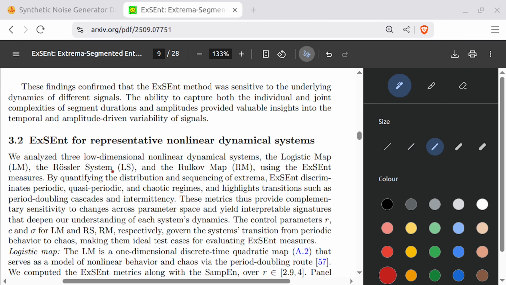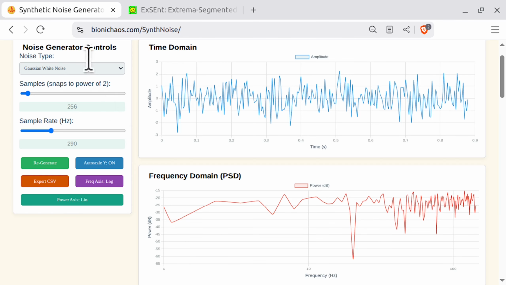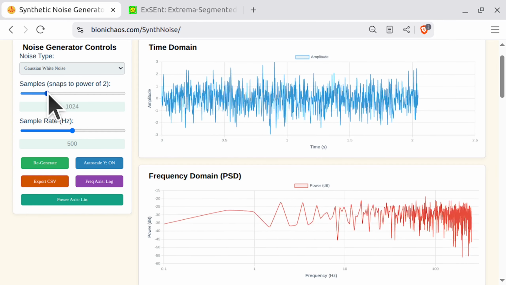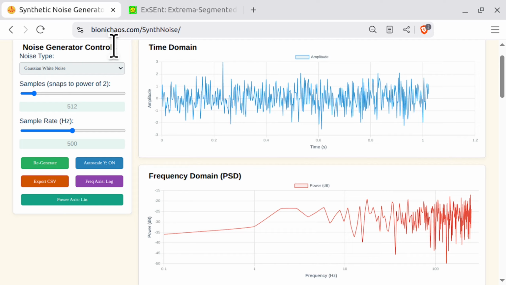Okay, keep going with the text. This section, 3.2, describes the application of ExSEnt to three nonlinear dynamical systems: the Logistic Map, the Rössler system, and the Rössler map. The ExSEnt measures were used to distinguish between periodic, quasi-periodic, and chaotic behaviors, and to identify transitions between these states.